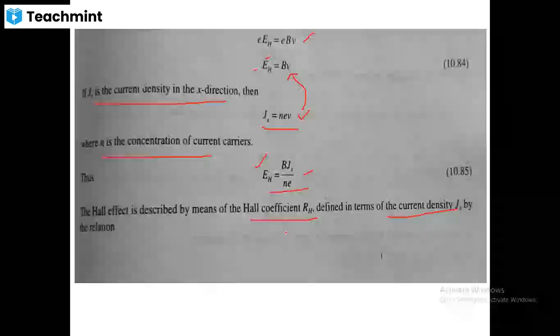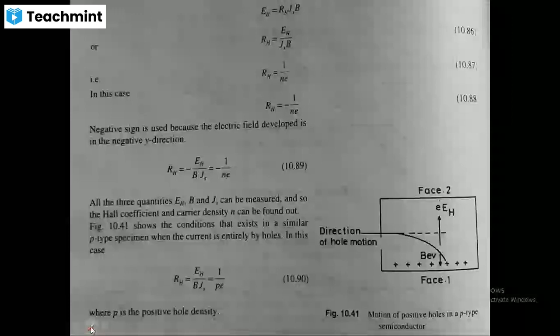So the EH, the electric field, the RH Hall coefficient, the current density Jx and the applied magnetic field B are related by this expression, EH equals RH into Jx into B.